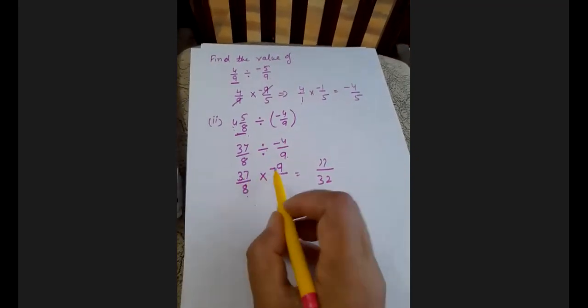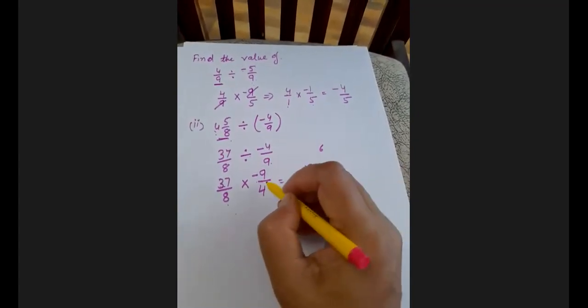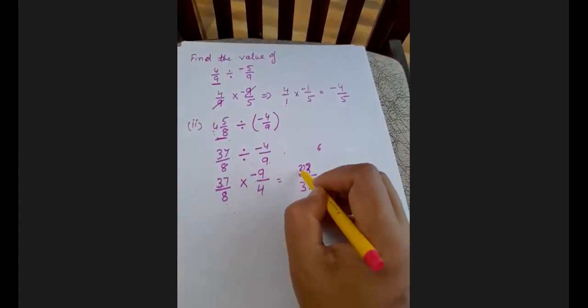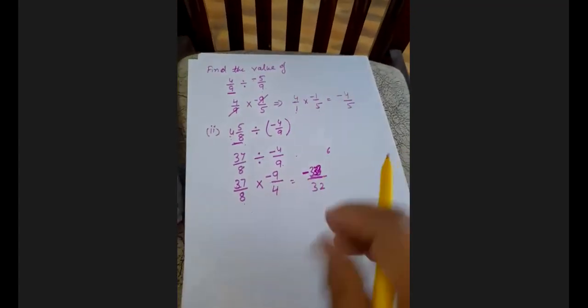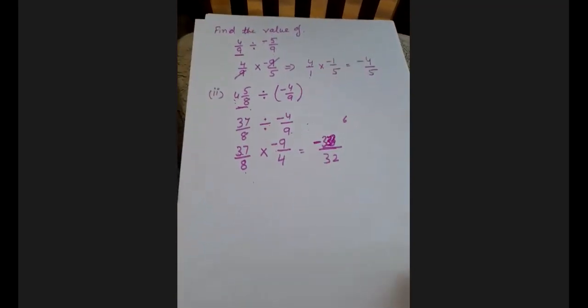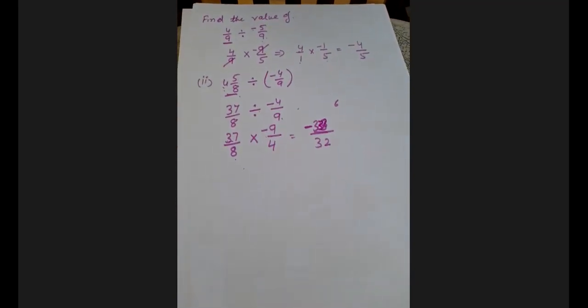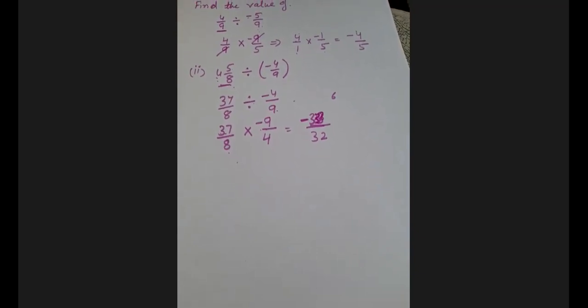Now multiply these numbers. The result is 333 upon 32. Clear, students?